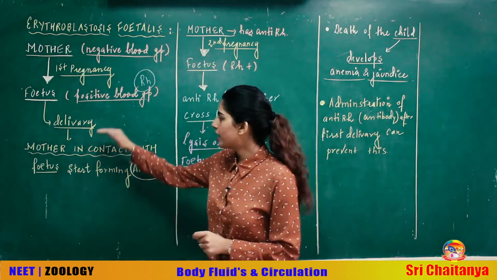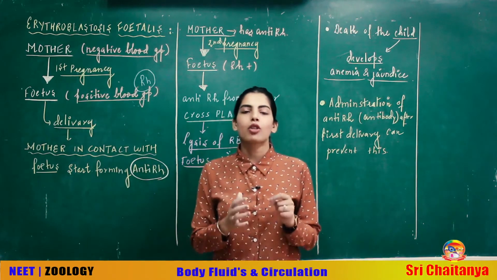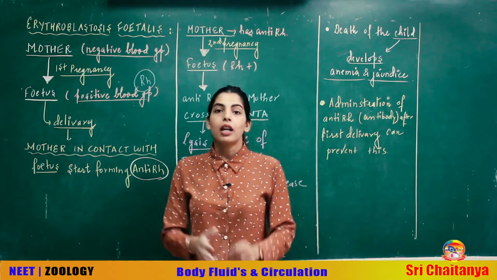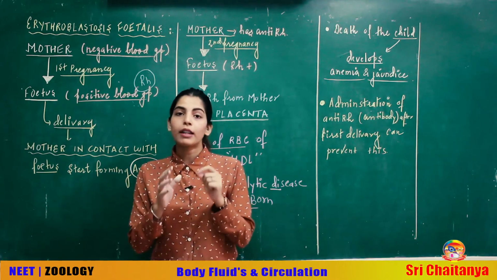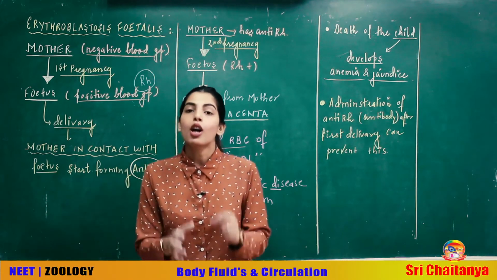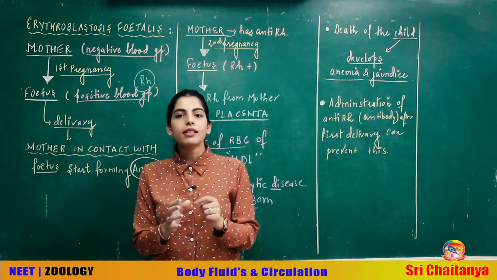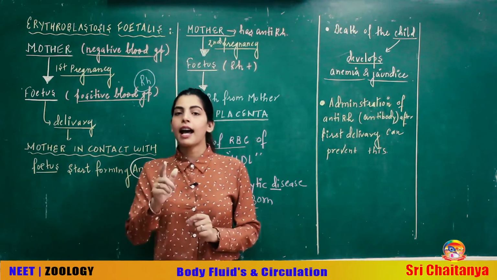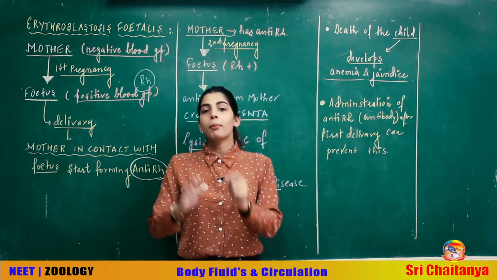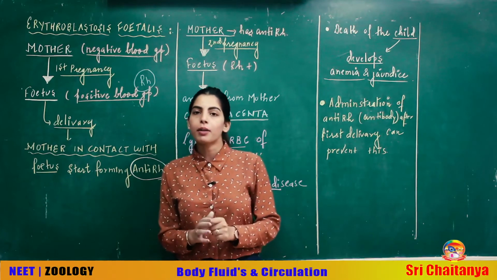What happens after delivery? The mother comes in contact with the positive blood group of the fetus. When the mother comes in contact with it, the mother starts developing antibodies, because the mother had the negative blood group but the fetus has the positive blood group.